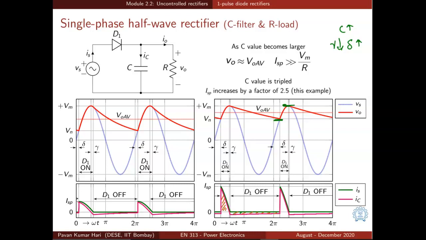That means the peak of the current has to be much larger, and that is what is seen here. In reality, this peak value of current can be many times larger than Vm by R. So by increasing the value of C, we may be able to smoothen the output voltage, but we end up drawing very large peaks of current on the input side from the AC source.